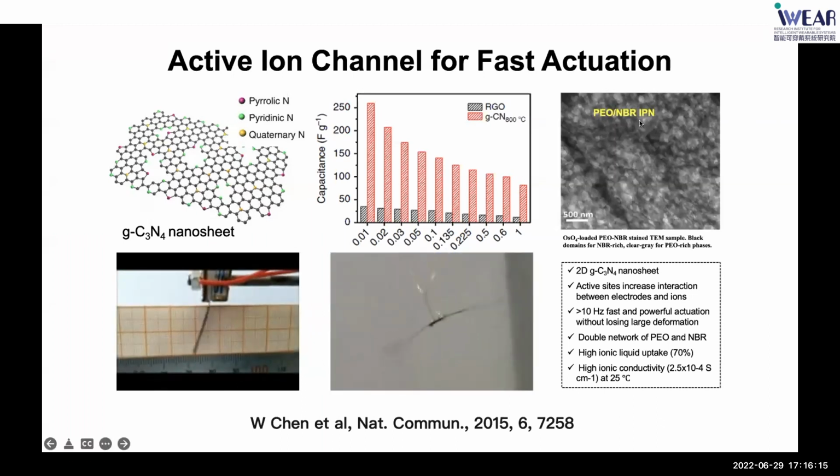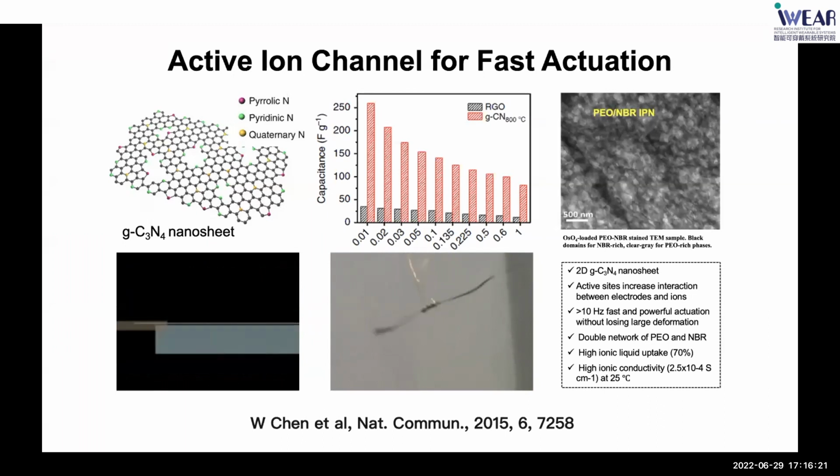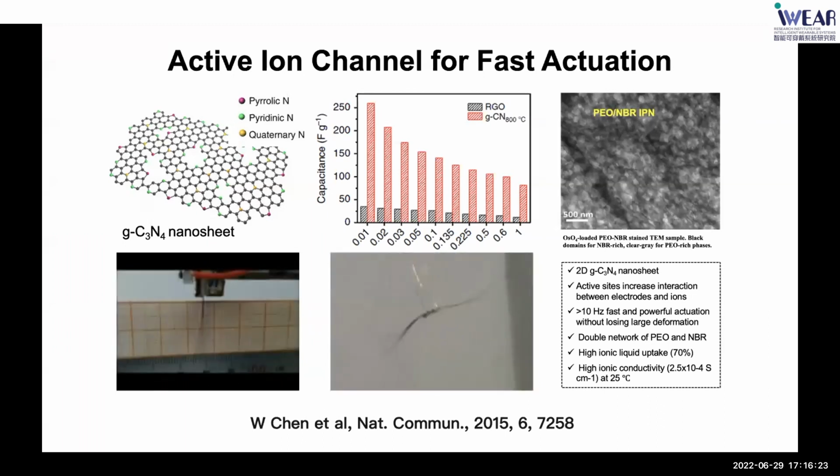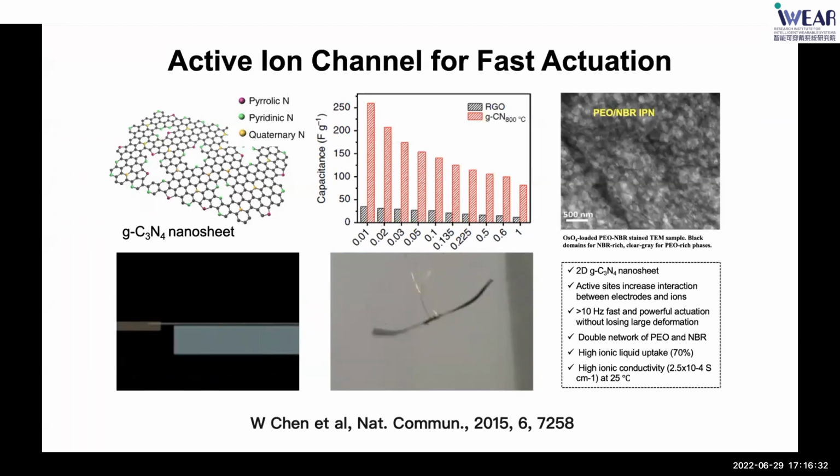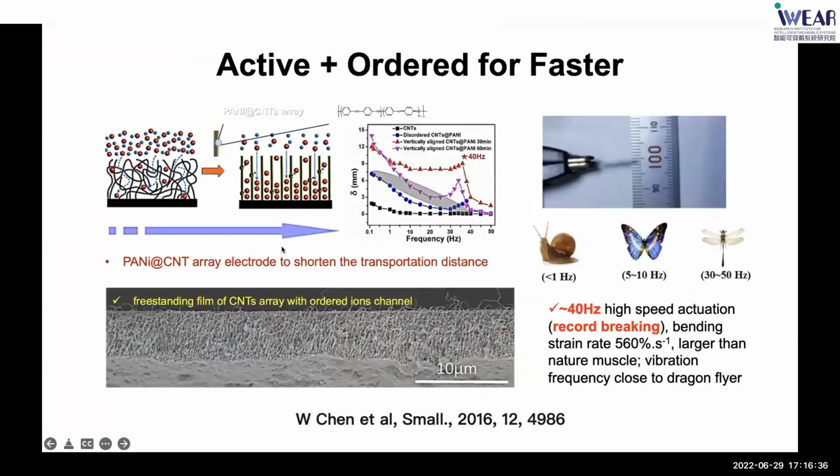Besides, in this work, we also use a kind of double network copolymer. One is PEO, another is NBR. We can achieve high ionic liquid uptake capability, and also high ionic conductivities. Based on these ideas, we further fabricated another kind of electrode, a carbon nanotube array electrode.